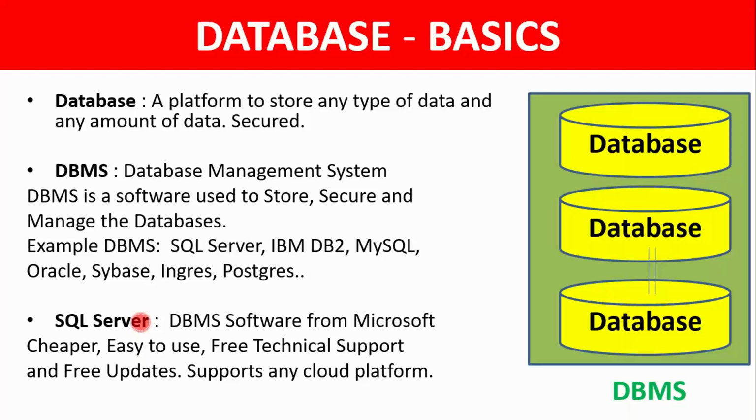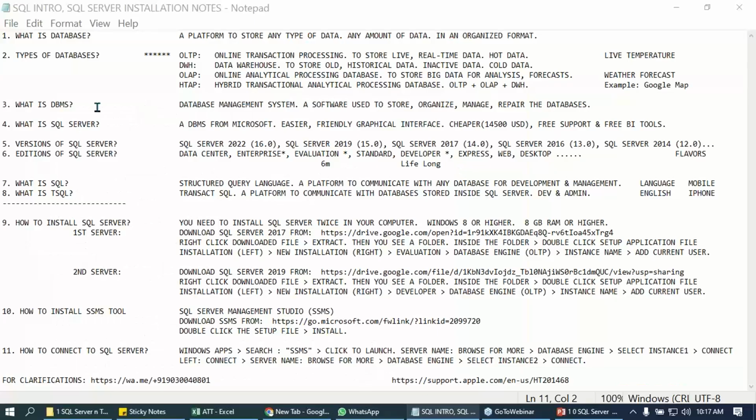Now, with this information, let's understand how to install SQL Server. Before that, we require certain vocabulary, basic elements. Let's understand. What is database? Once again, back to our notes.